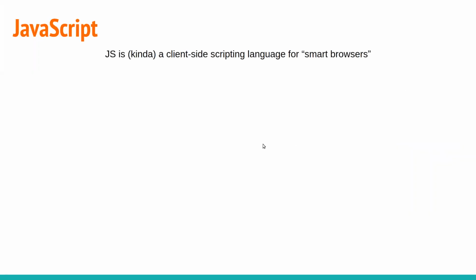So let's learn a bit about JavaScript. So yeah, JavaScript is, I say kinda because like I was explaining, it is now also a server-side scripting language, but as far as the MTA is concerned, JS is a client-side scripting language for what we call smart browsers. Now, again, when the MTA was created, some browsers like Internet Explorer didn't understand JavaScript.